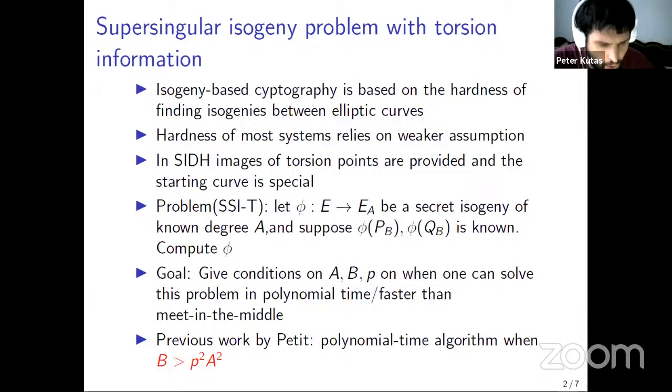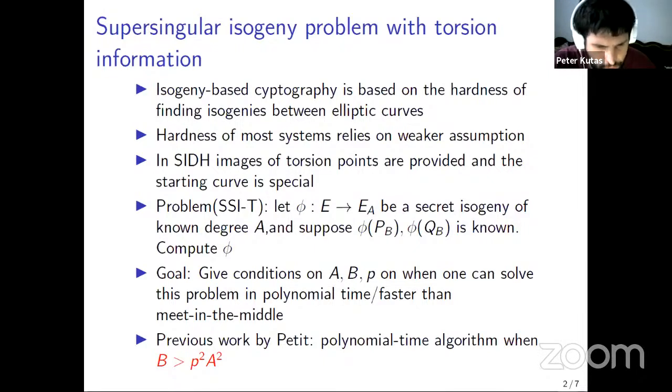One can look at the following problem, which we dubbed the SSIT problem, a variant of the CSSI problem: let phi be an isogeny going from E to E_A of known degree A, which is secret. And suppose furthermore that you know phi(P_B) and phi(Q_B), where P_B and Q_B generate the B-torsion of the starting curve E.